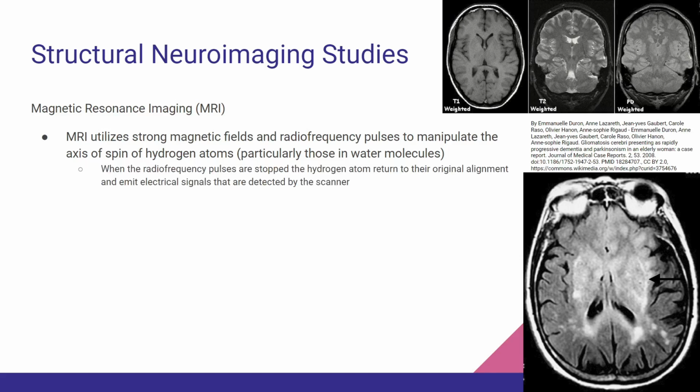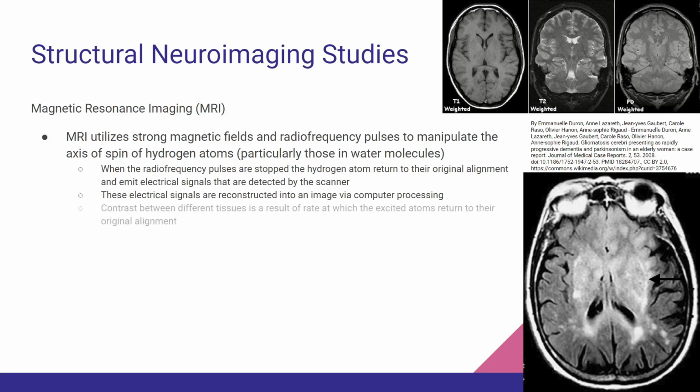When the radio frequency pulses are stopped, the hydrogen atoms return to their original alignment within the magnetic field, and they emit an electrical signal that's detected by the scanner. And these electrical signals are reconstructed into an image with computer processing.